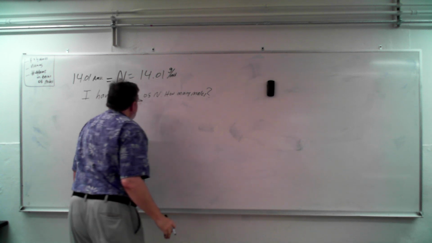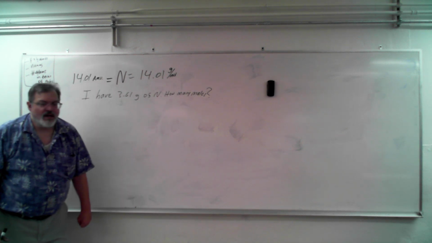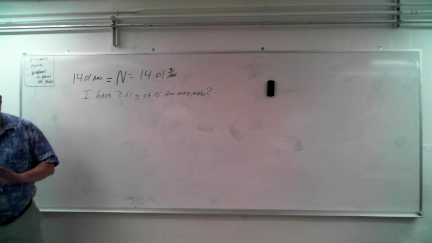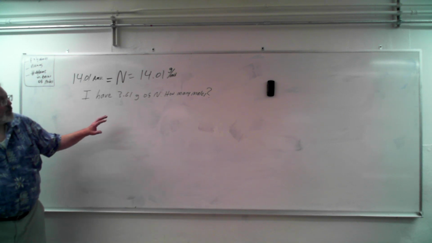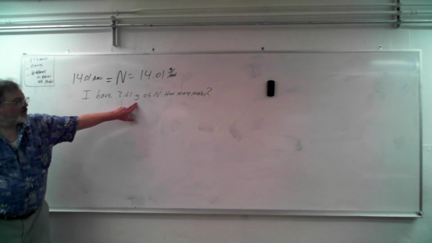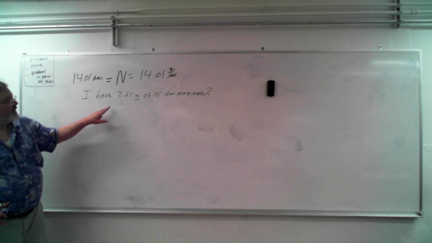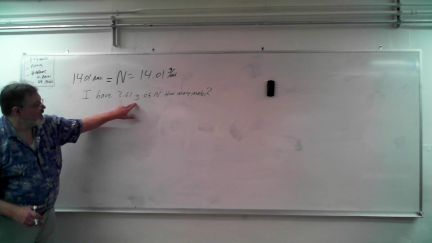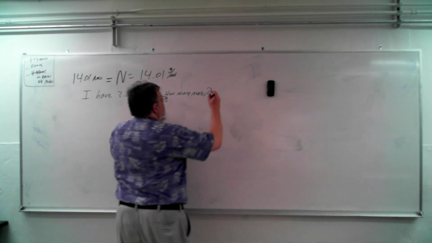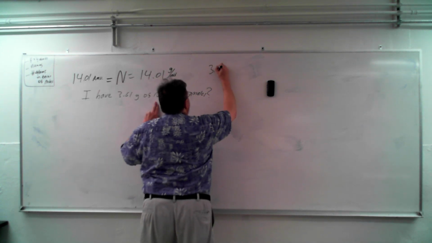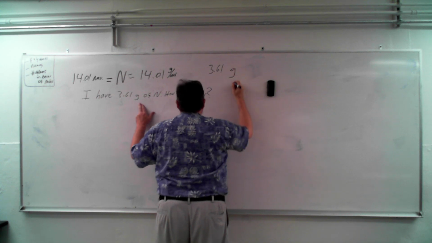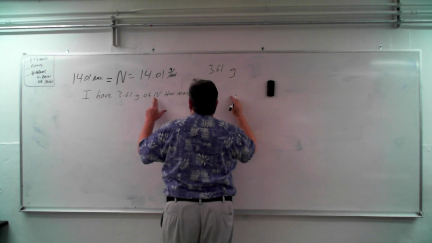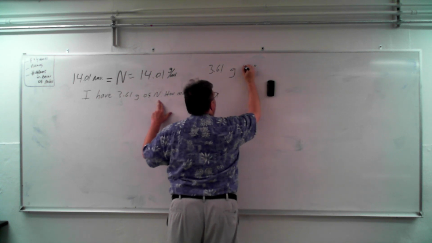Really, the key to realizing that the 6.022 times 10 to the 23rd doesn't even show up in the calculation is when there's not a blank where the units go. This says, I have 3.61 grams of nitrogen. That thing I said before, you've got 3.61 numerical value, grams, unit, nitrogen.